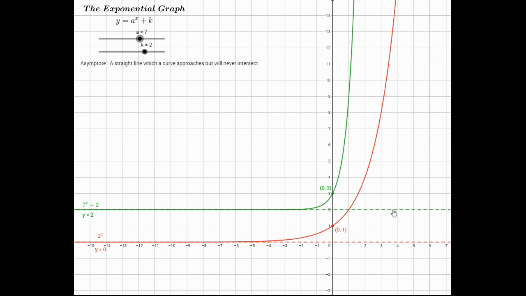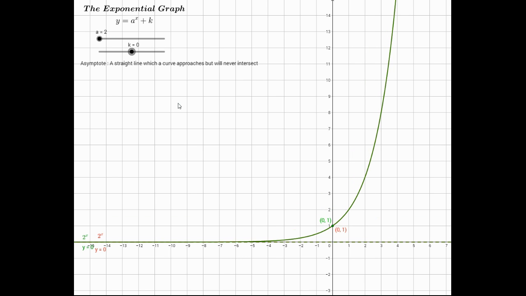So take a look again. There's 2 to the power of x plus 2. Now if you move it and make it 3 to the power of x, it's still raised up by 2, but now the curve is much steeper. Let's move it back again to the original.